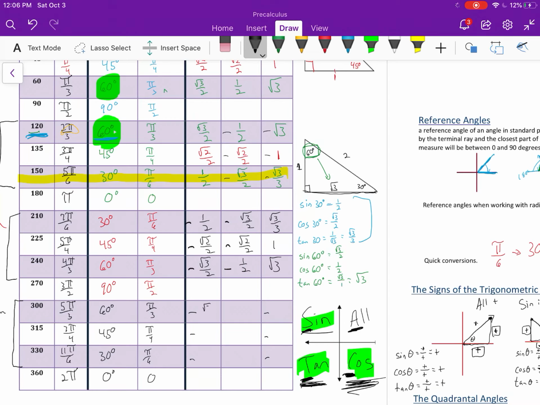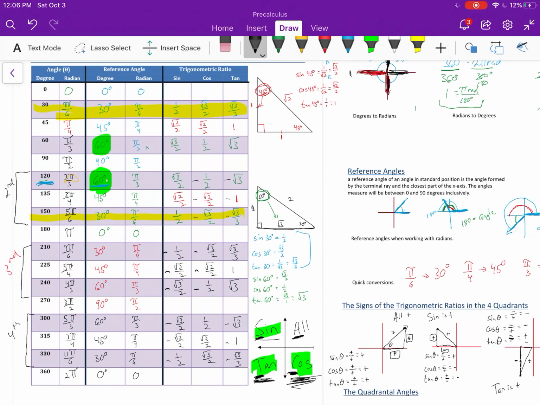And down to the fourth quadrant. Again, check the reference angles. In this case, cosine is positive. And so most of our chart is filled out now.